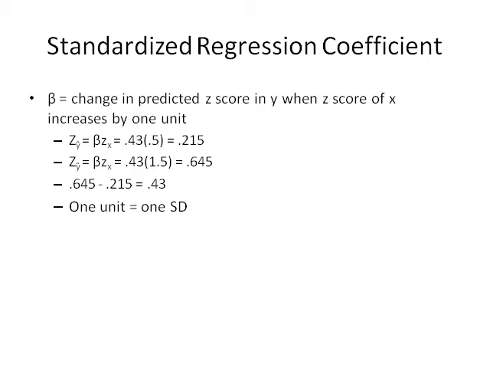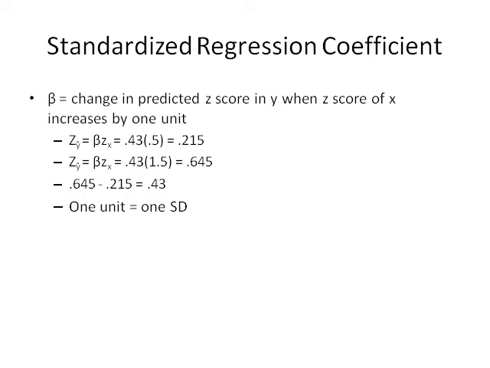If we increase the z-score on x by one z-score to 1.5, our new formula is zy hat equals 0.43 times 1.5, which is equal to 0.645. Thus, it predicts a z-score equal to 0.645 on y.